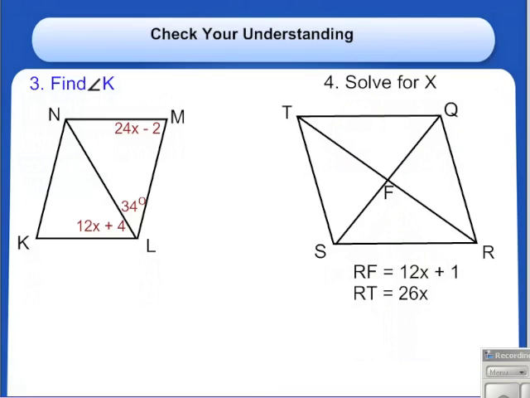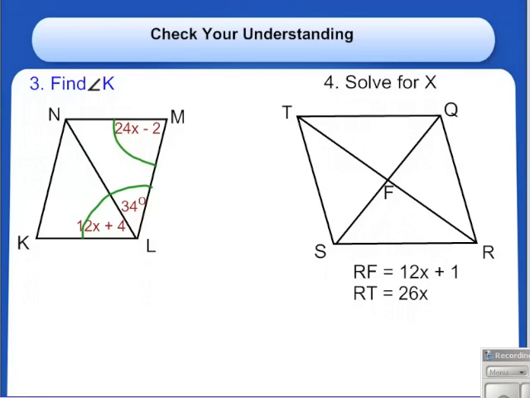Number 3 is asking to find the measurement of angle K. All right, what do we know with this one? We know that angle M, over here, is supplementary to these two angles together.